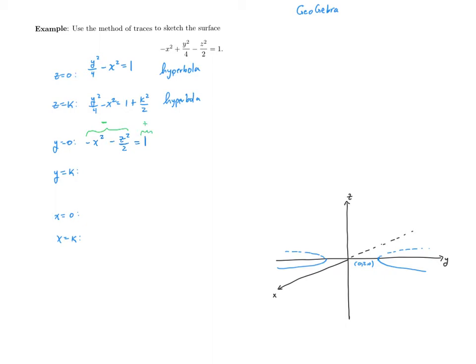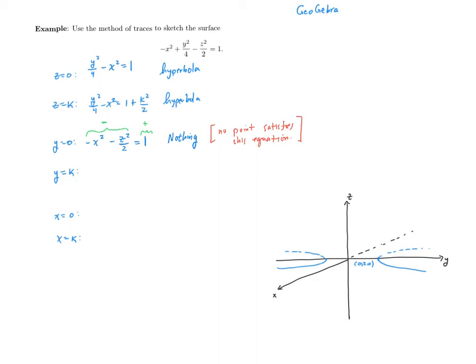So it's not possible for us to find any point that satisfies this equation. Here I'll just say nothing. What we mean by nothing is that no point satisfies this equation. That's perfectly reasonable, and in a moment we'll see why that's the case in the surface that we come up with.